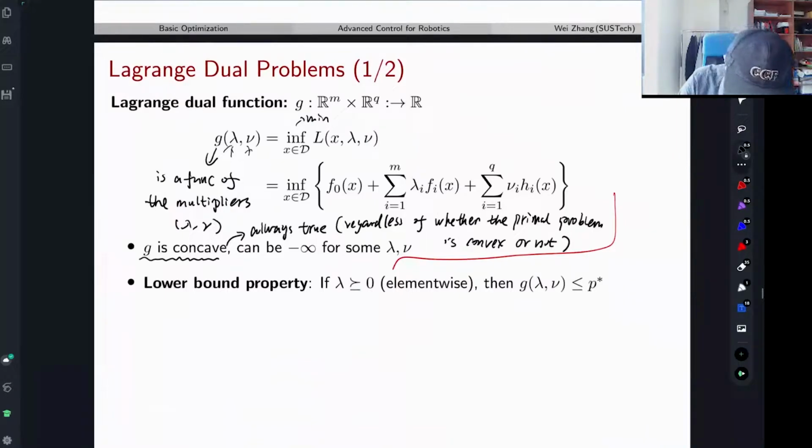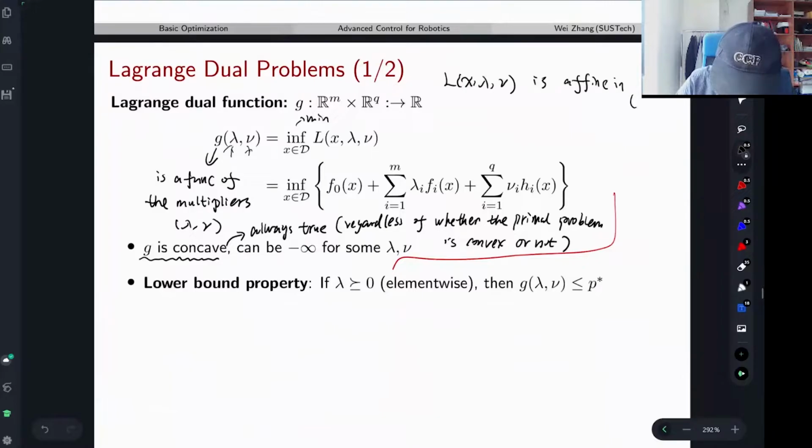let me say that. So the Lagrangian L of x, lambda, nu is affine in lambda and nu. Okay, that's the first fact. Because the way we define this function, look at this. It's an affine function of lambda and nu for each x.